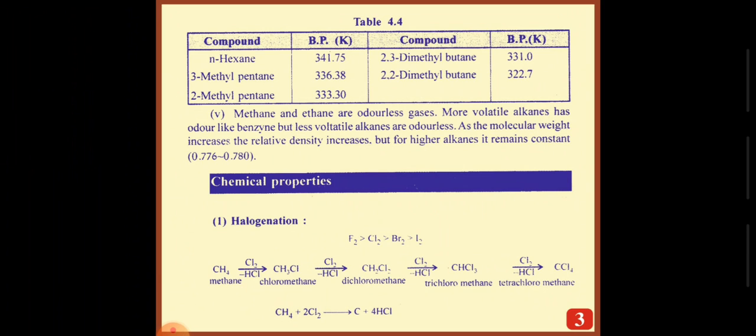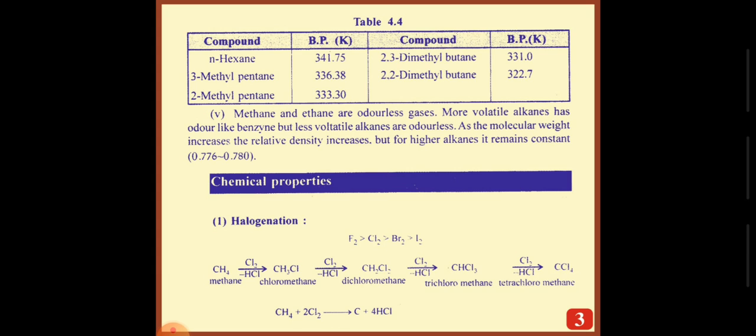More volatile alkanes have an odor like benzene, but less volatile alkanes are colorless. As the molecular weight increases, the relative density increases, but for higher alkanes it remains constant.